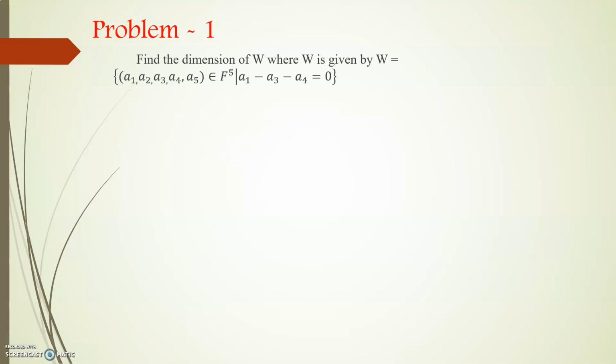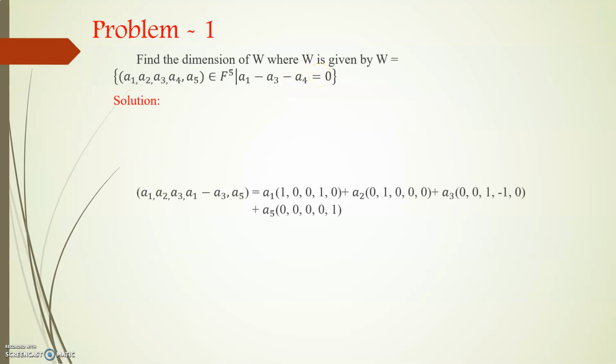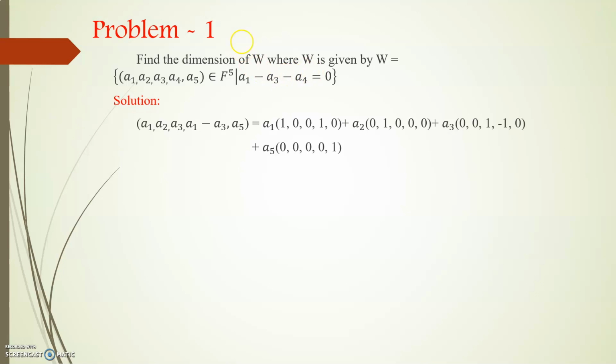Find the dimension of W, where W is given by W equals (a1, a2, a3, a4, a5) belonging to R^5 such that a1 minus a3 minus a4 equals 0. Solution: (a1, a2, a3, a1 minus a3, a5).